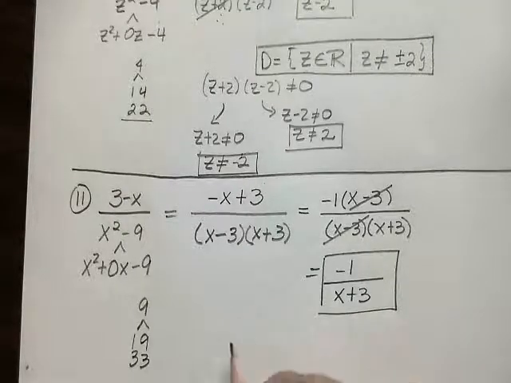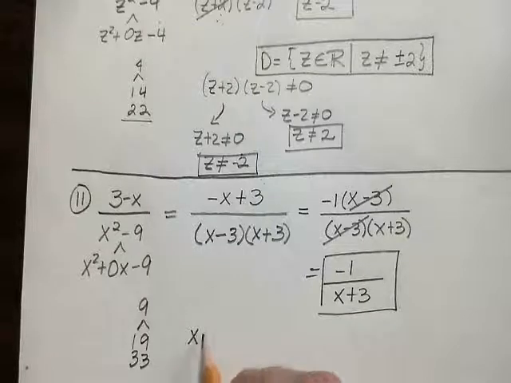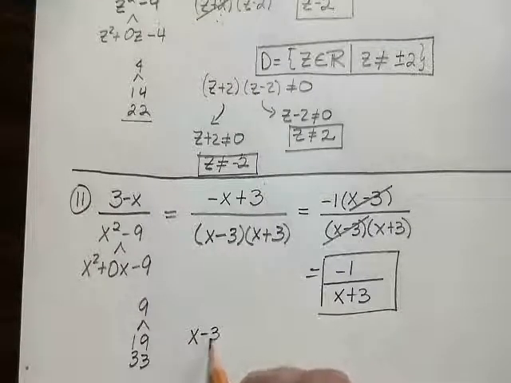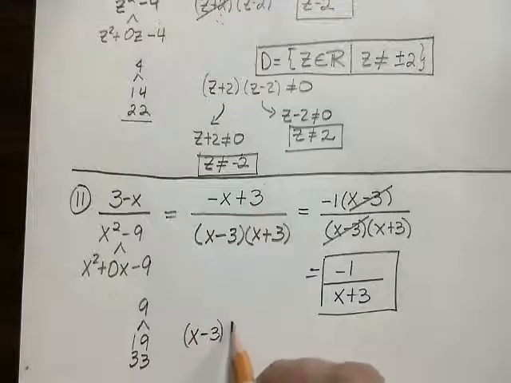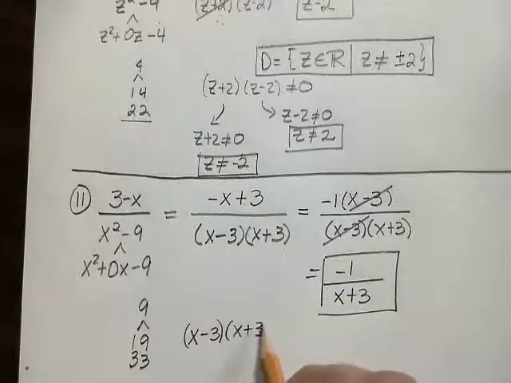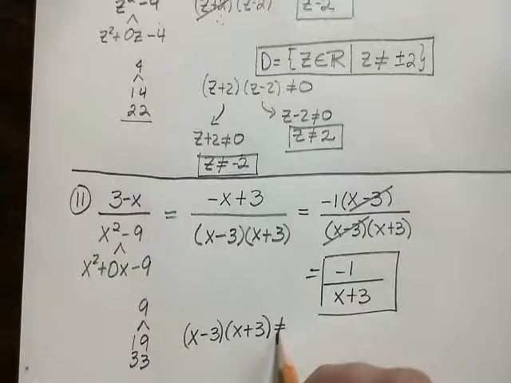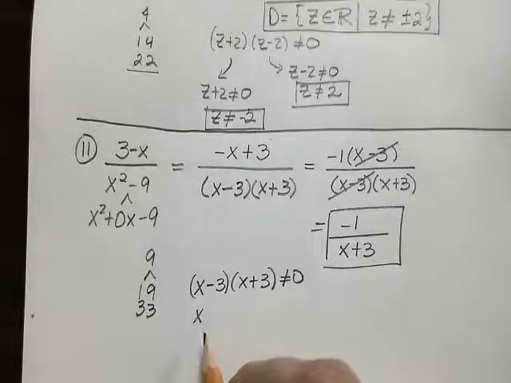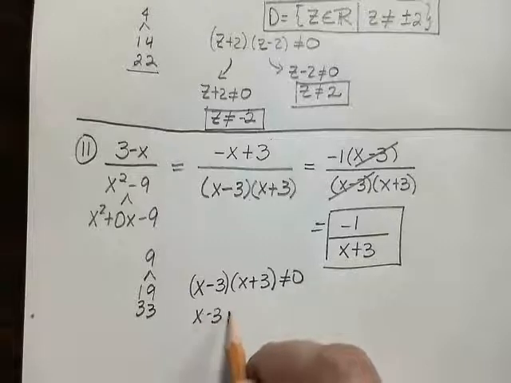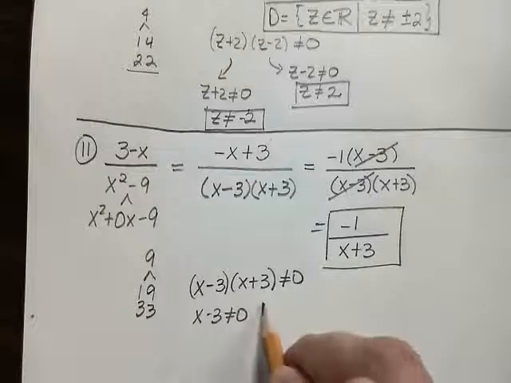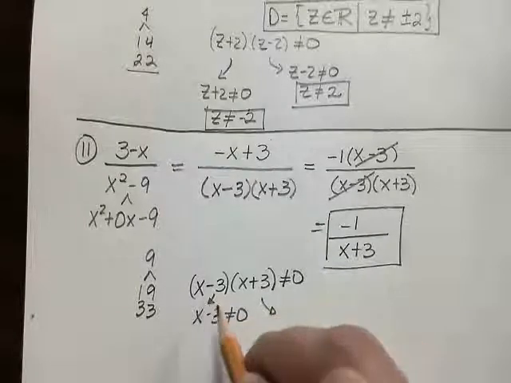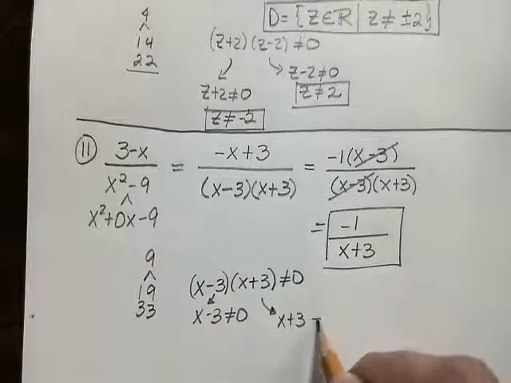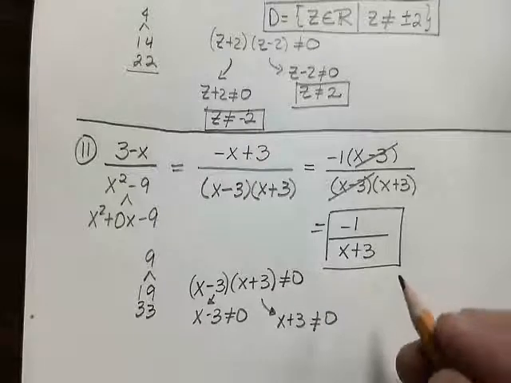And don't forget, you need to do your domain. And you look at the denominator in its factor form. So x minus 3 and x plus 3 must be different than 0. So that will be x minus 3 different than 0 and x plus 3 different than 0.